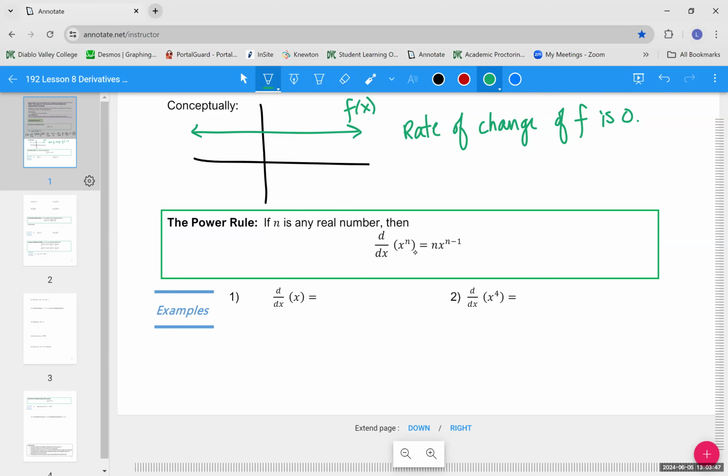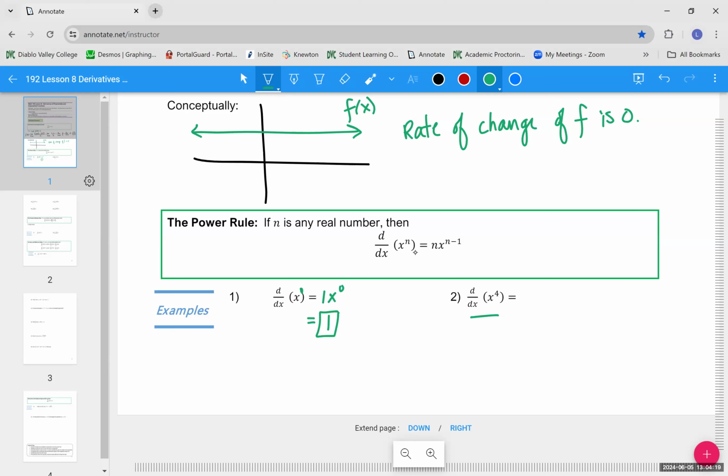So for example, if we take the derivative with respect to x of just x, so that's x to the first, the 1 would come down as a coefficient, and then we subtract 1 on the power, which gives us x to the 0. x to the 0 is just 1, so the derivative of x is just 1. And if you think about it, y equals x is a line, and its slope is 1, right? So its rate of change is 1.